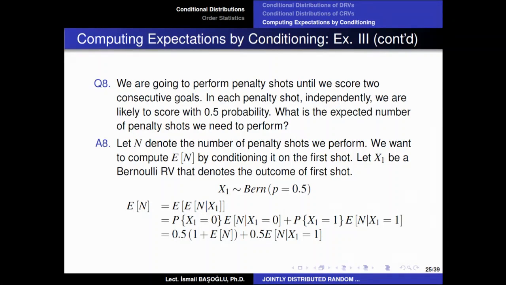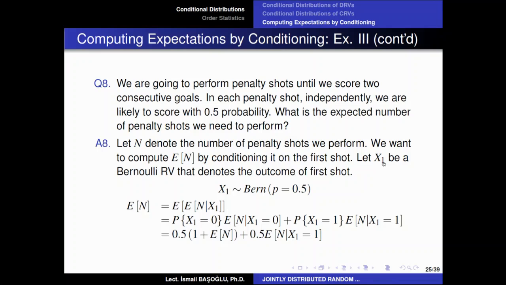So we want to compute the expected value of N, and we are going to condition it on our first operation. What is our first operation? The first operation is the first penalty shot. The first shot can either be a score or it may not be a score. So I am going to denote the outcome of my first shot as X1.